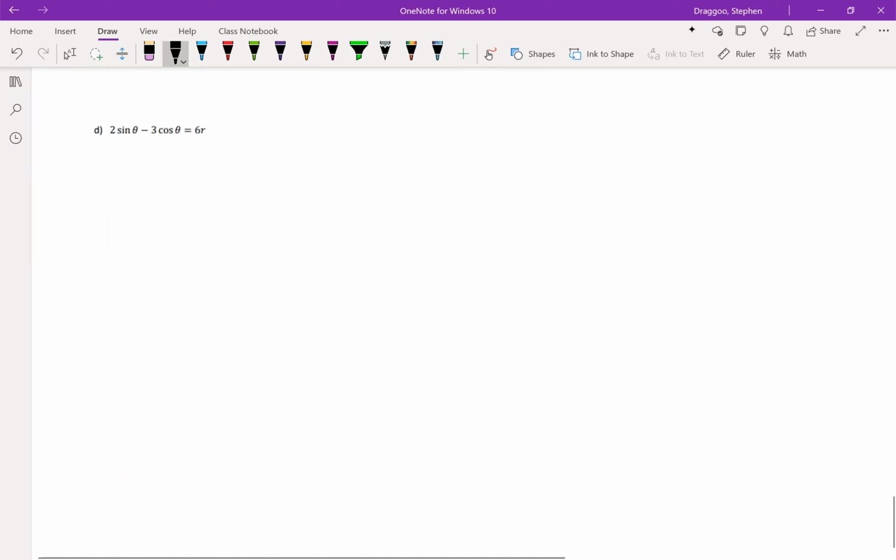But finally, part D. Here again, we have an r by itself, but we also have a sine with no r attached to it and a cosine with no r attached to it. So I'll again multiply each of these things by r. So 2r sine theta minus 3r cosine theta is equal to 6r squared.